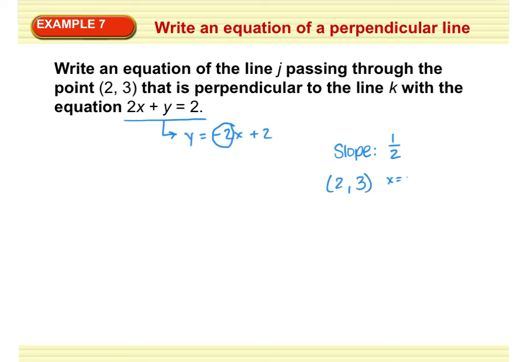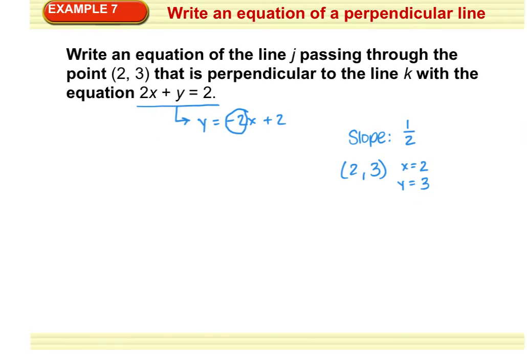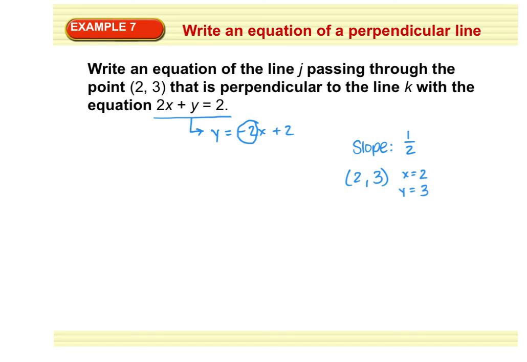And then we've got the point 2, 3. So x is going to be equal to 2, y is going to be equal to 3, and we're going to solve for our own equation for our line J. So y is going to be equal to mx plus b. We just plug everything in. Y, which is 3, equals m, which is 1/2, times x, which is 2, plus b. 1/2 times 2 becomes 1, so we get 3 equals 1 plus b.